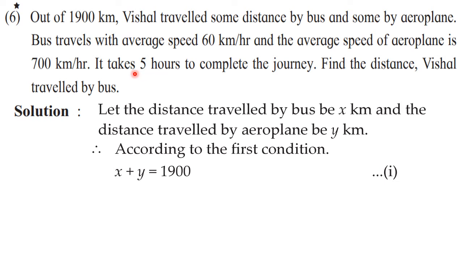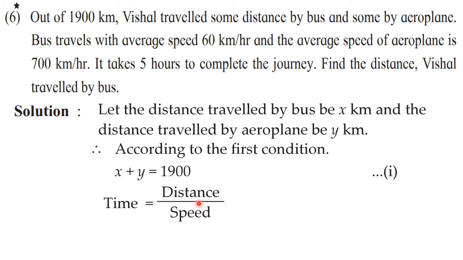That means for the second condition, we have to write the second equation by using the formula time is equal to distance upon speed. The distance traveled by bus is x and speed is 60, so the time taken by bus is x upon 60, and the time taken by aeroplane is y upon 700, because time is equal to distance upon speed.